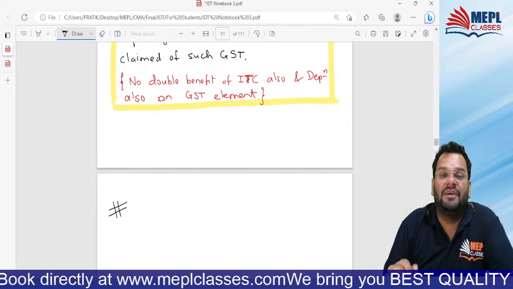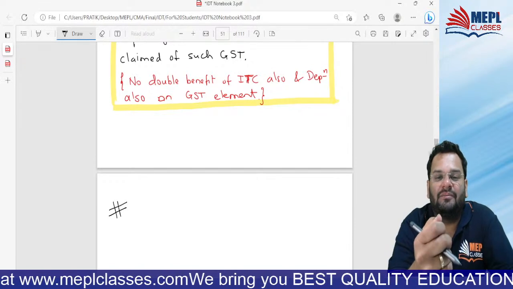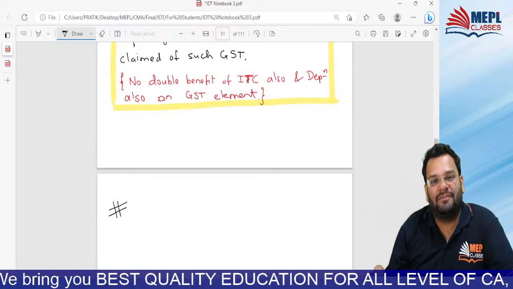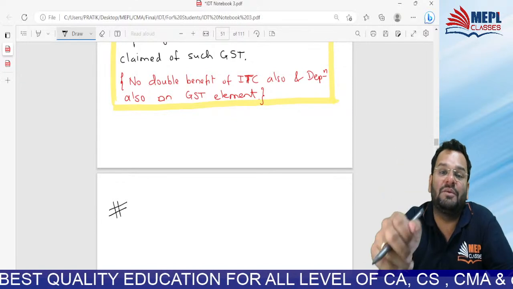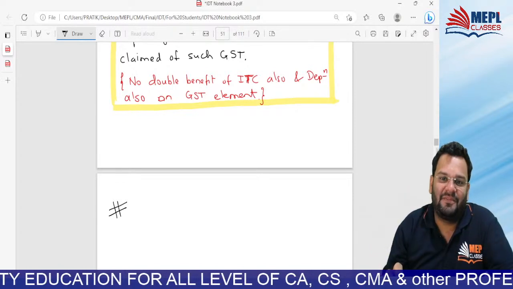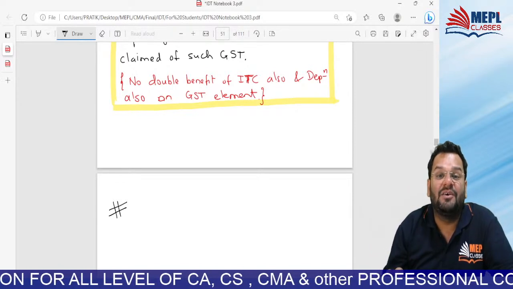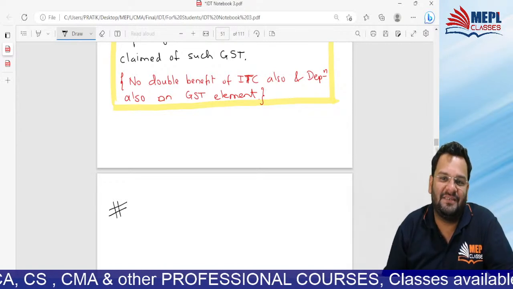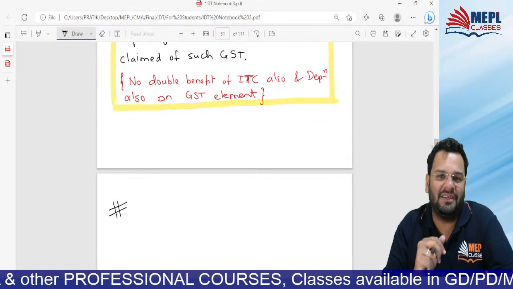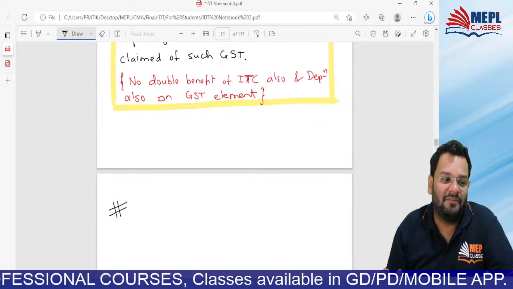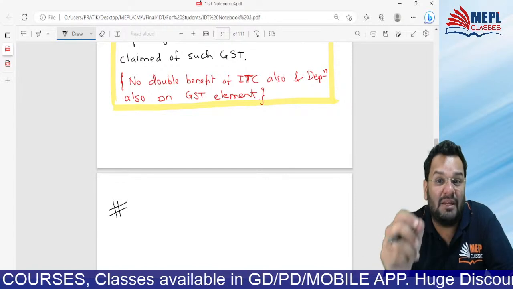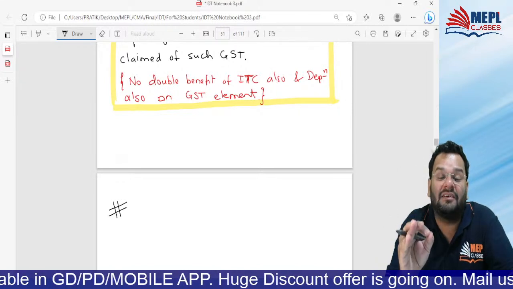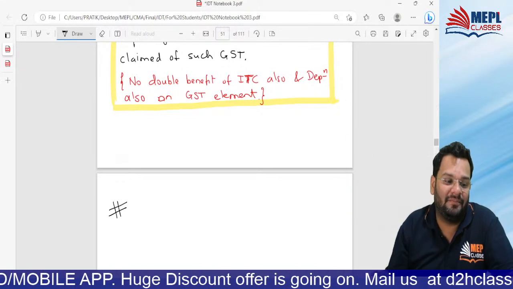Now point is, if I give you that check, can you just keep the check with you and use it whenever you want? Or is there time limit for depositing the check with the bank? Yes, there is a time limit, isn't it? Similarly, there is time limit for claiming input tax credit. There is a last date for claiming input tax credit.